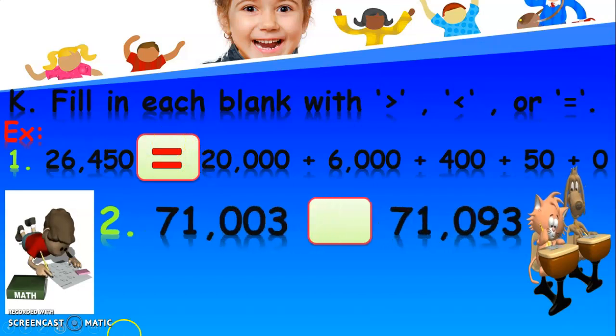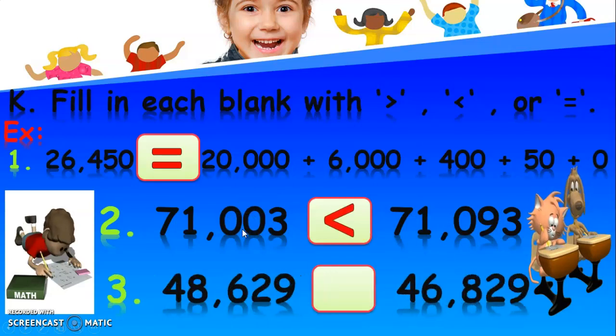Now for number 2, you are comparing 71,003 and 71,093. The correct symbol is less than. And for number 3, let's compare 48,629 and 46,829.